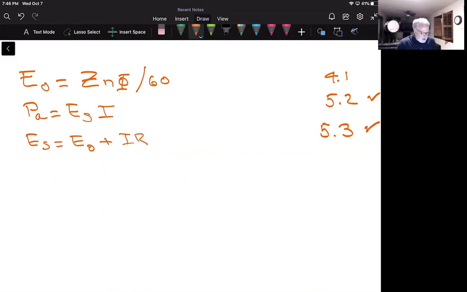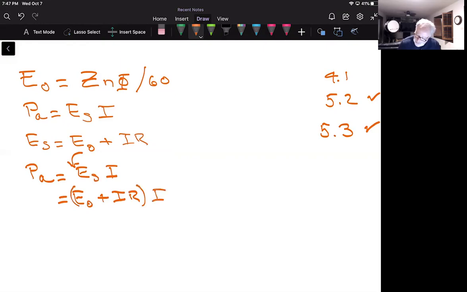So what he does there, he says it follows that the power to the armature is equal to this, right? We know we get this, but if I can define E sub S as this, let me replace E sub S with E sub O, okay, plus I times R, and then that portion there times the current.